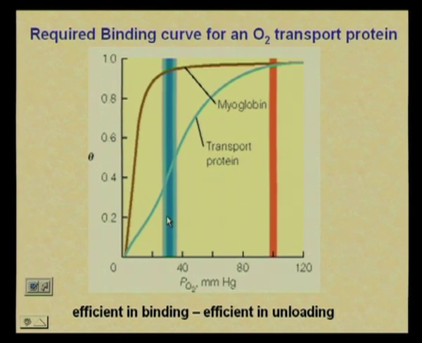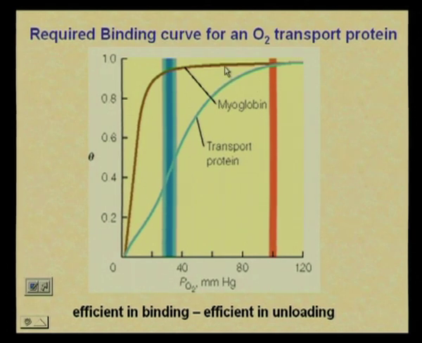So, what does hemoglobin do? It is very efficient in taking up the oxygen in the lungs, and it is also efficient in unloading the oxygen in the tissues, which is what you want. Okay? So, this is what would be the required binding curve for a protein that would transport oxygen.